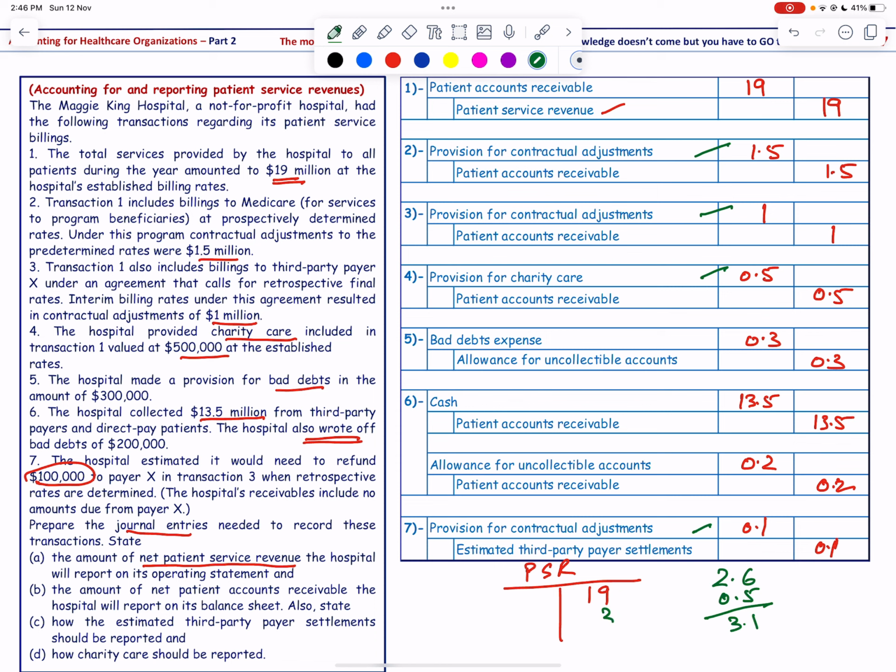So 19 minus 3.1, and this will be how much? 15.9 million. So the net patient service revenue will be 15.9 million. Next, they ask for the amount of net patient accounts receivable, and let us see how we calculate that.